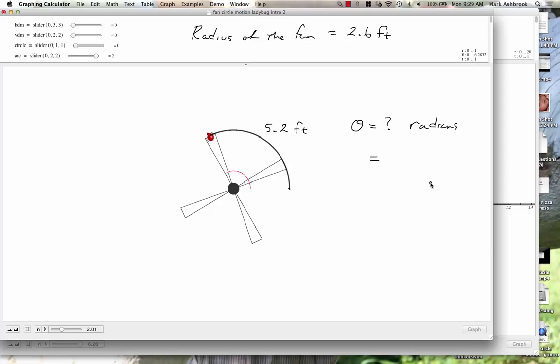Okay, Colton, what do you think? 2. How did you get 2 radians?